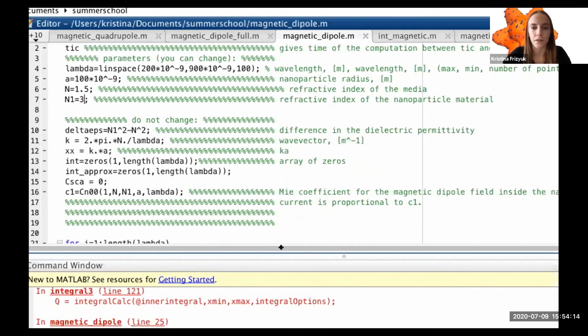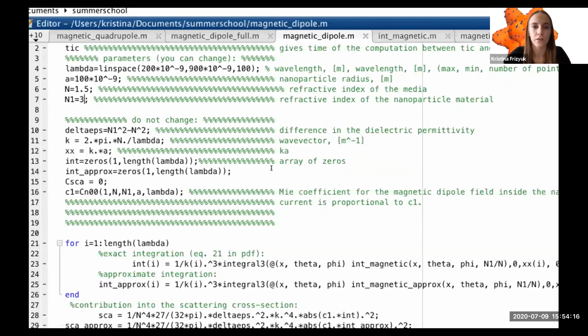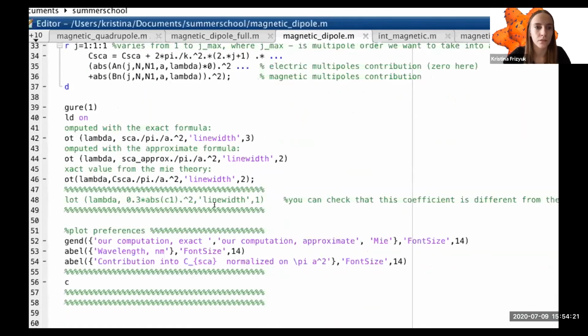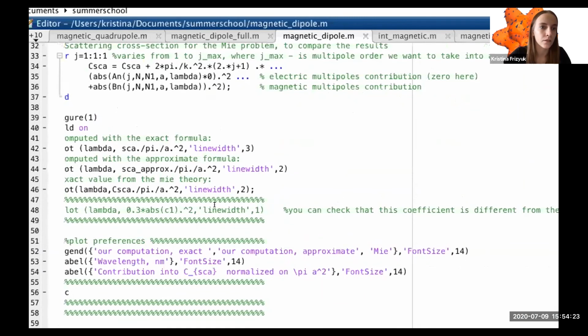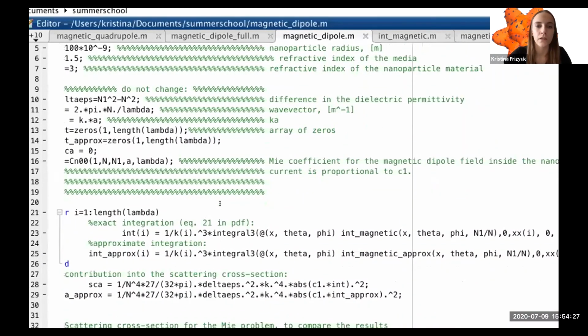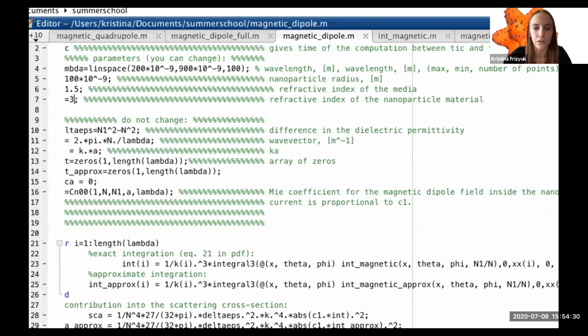Yes, and the thing that you should have done, questions on the task, actually like this.